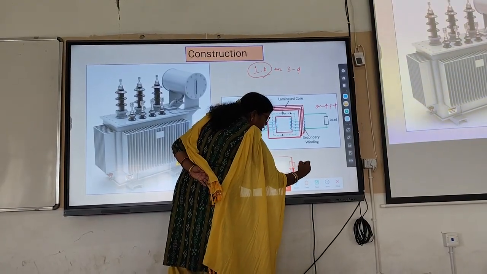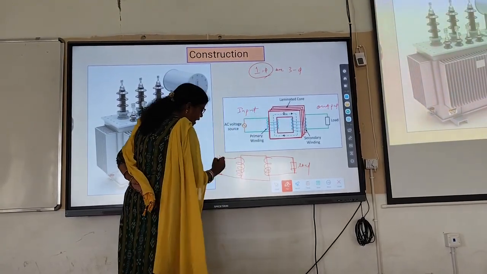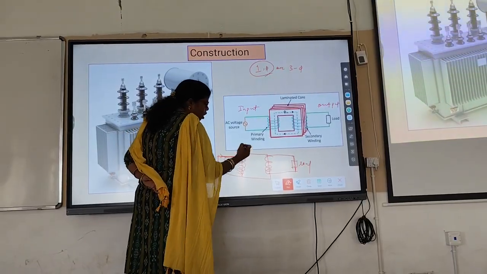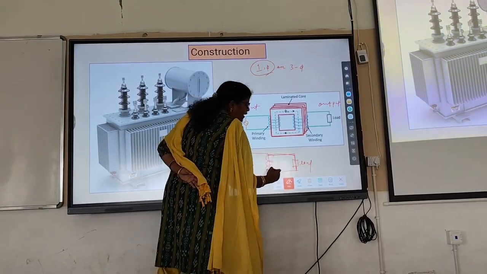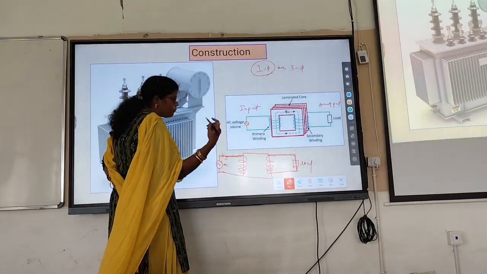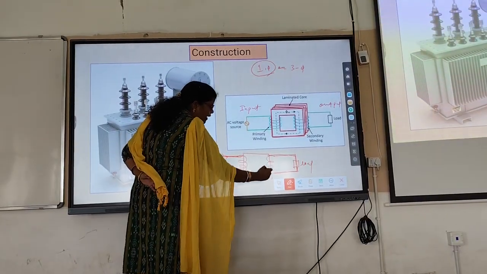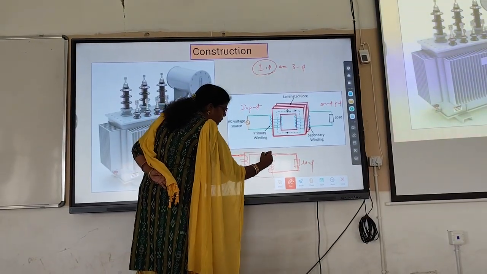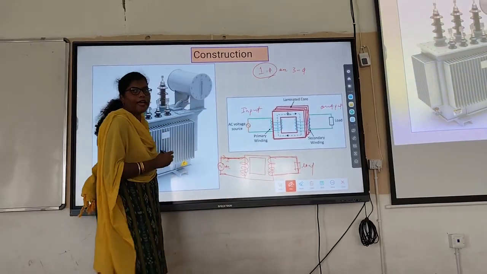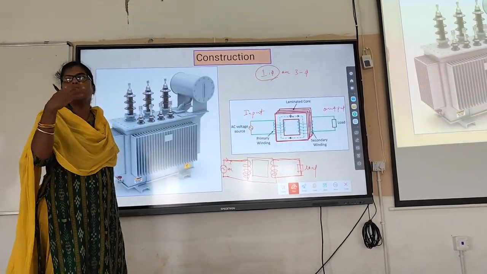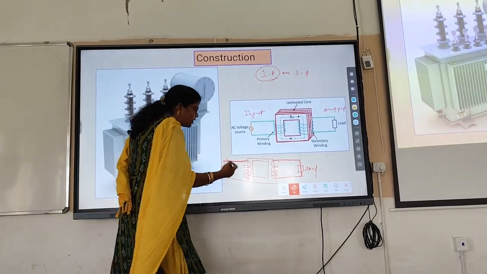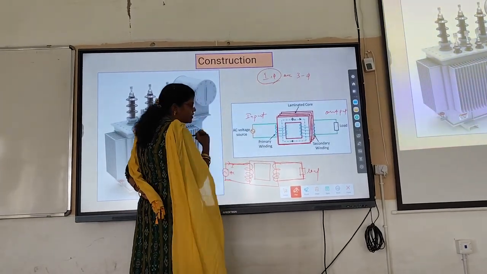Here this is a load. Clear? One side you give current, automatically the other side gets the supply. How? Because both the windings share the common magnetic path.